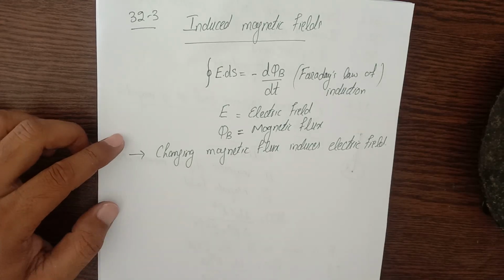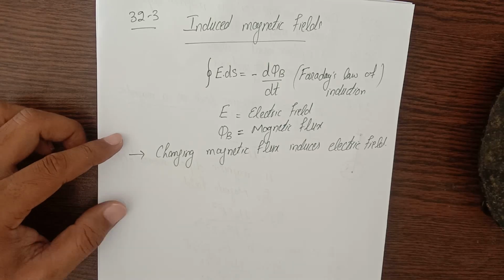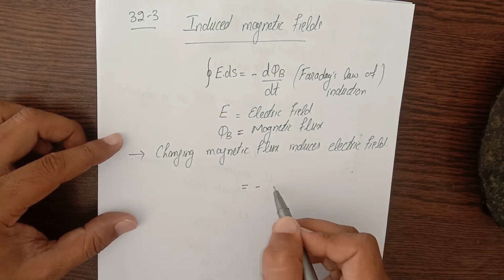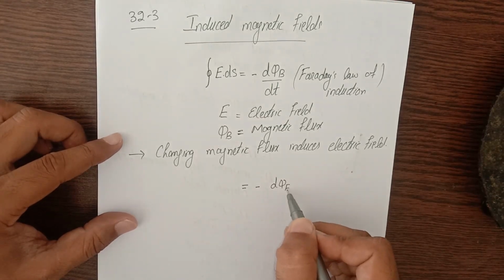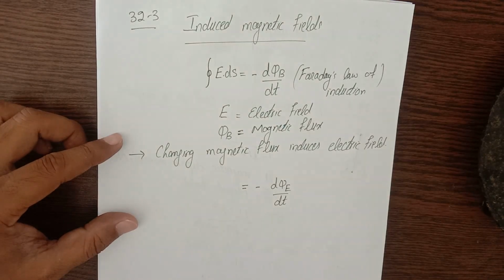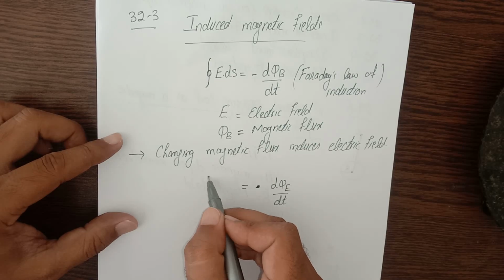By symmetry, which is very common in physics, the question comes to mind: does a changing electric flux produce a magnetic field? Can the changing electric flux d phi E by dt produce an induced magnetic field? The answer is yes. This minus would be ignored.